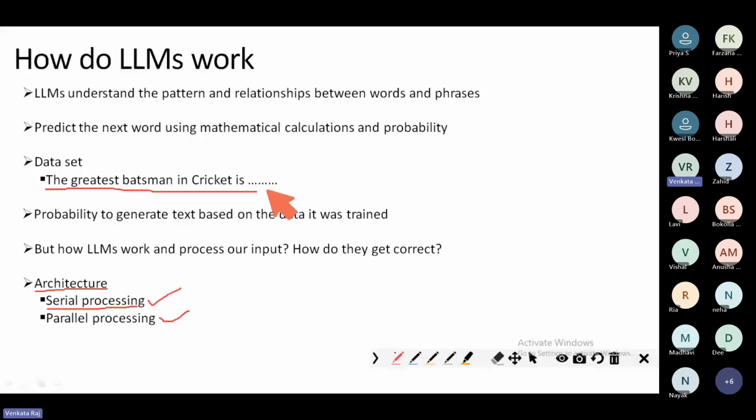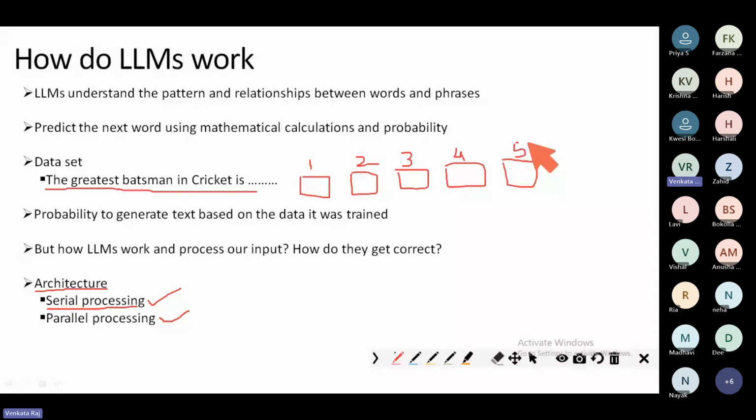It will be broken down into tokens: the first token, the next token, and so on. Let's say this is my first token, second token, third token, fourth, fifth.